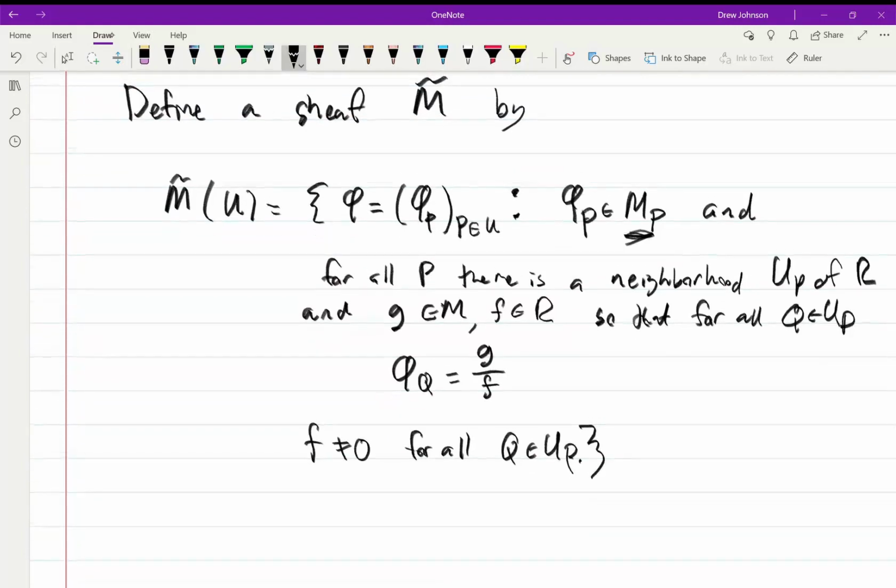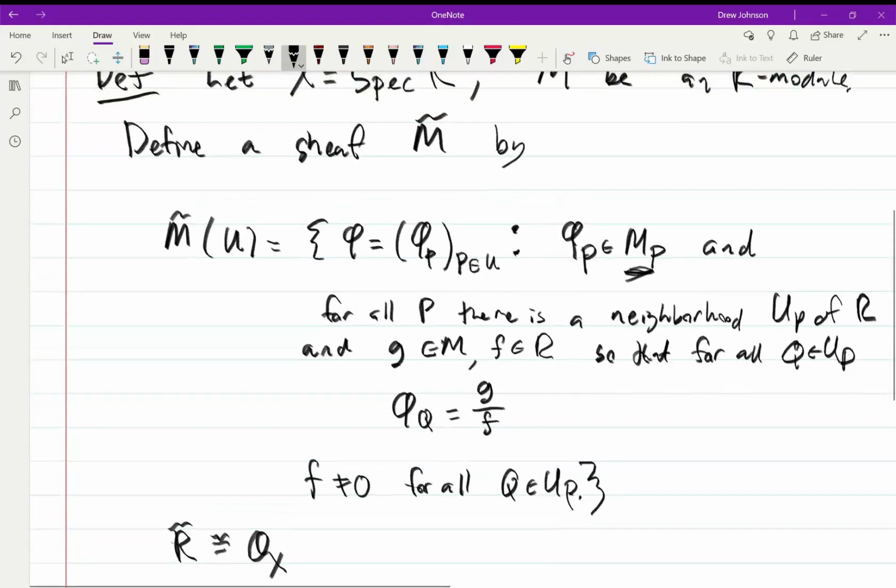So R tilde is just isomorphic to OX. If you take the tilde of R as a module over itself, you just get the structure sheaf. All right, good.